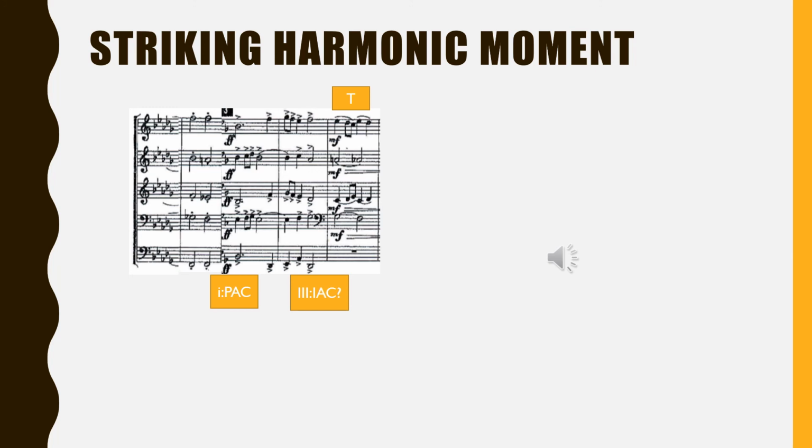So it's kind of interesting to feel that little harmonic IAC there, because it feels like it's both part of the continuation that we just got finished in, and also part of the transition that we're going into.